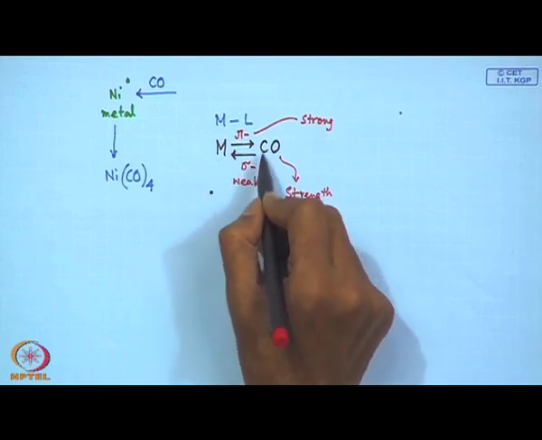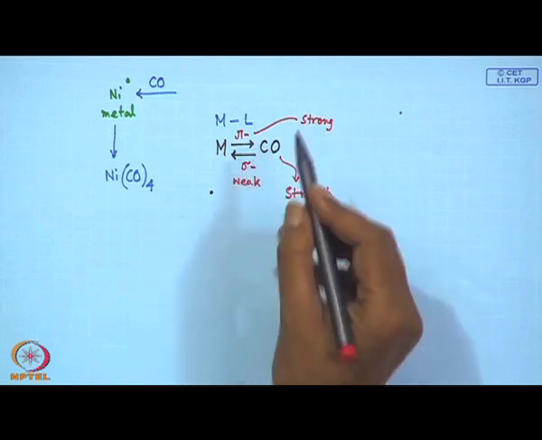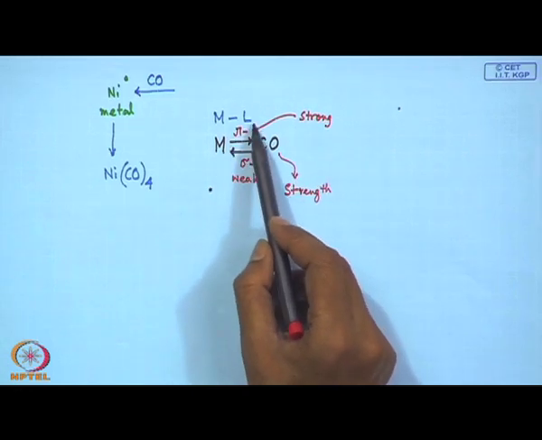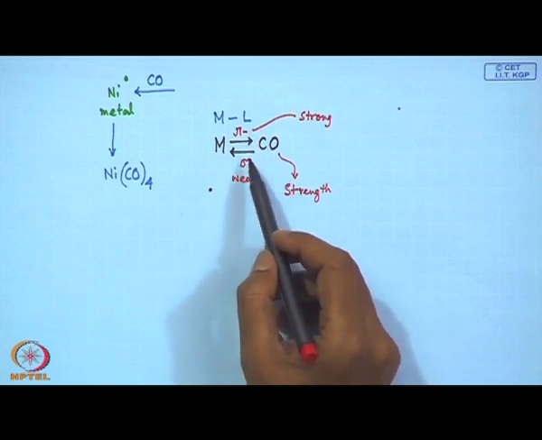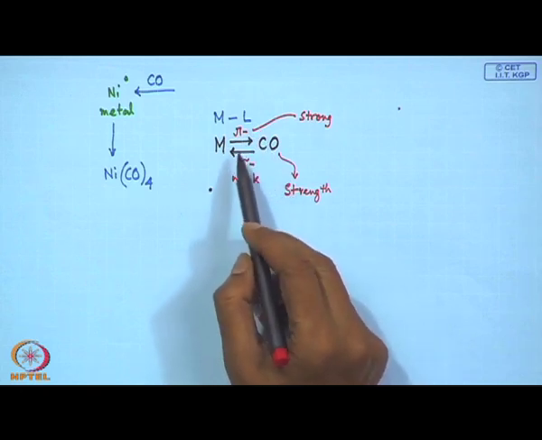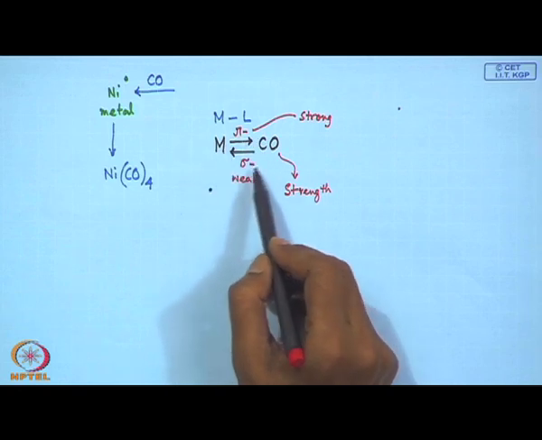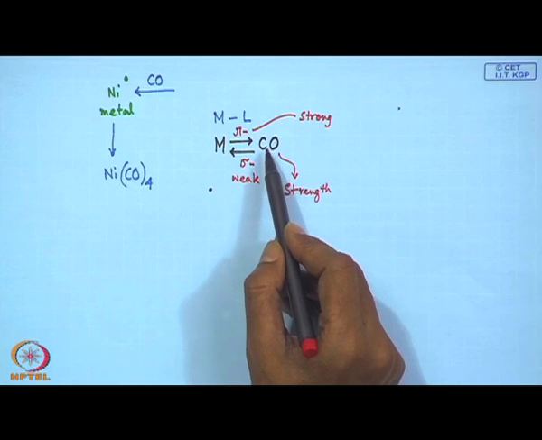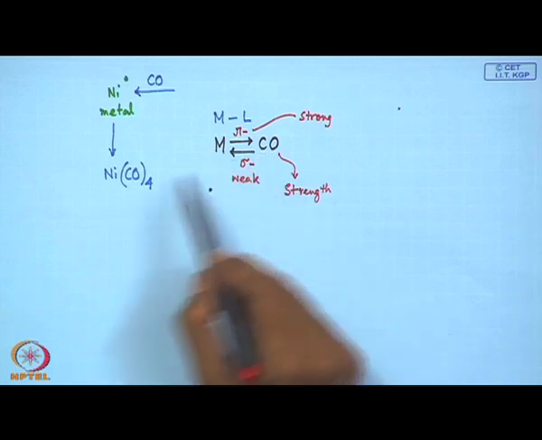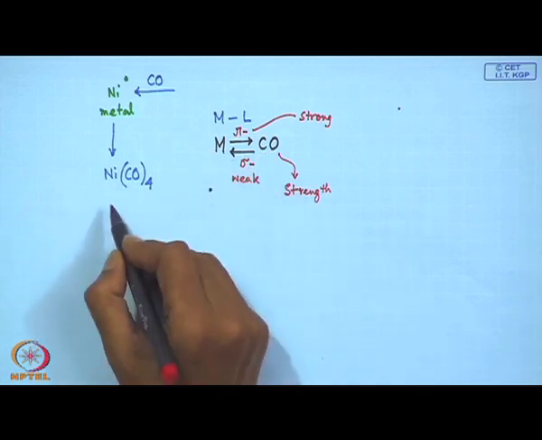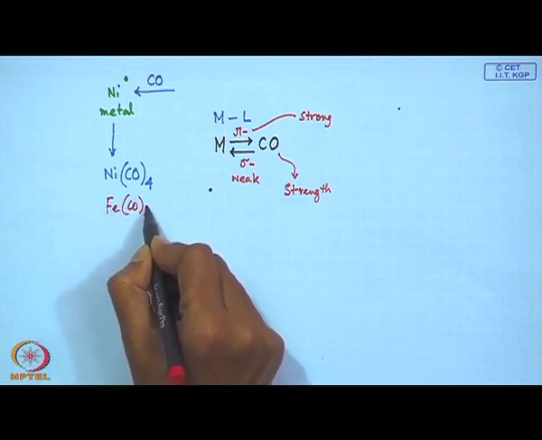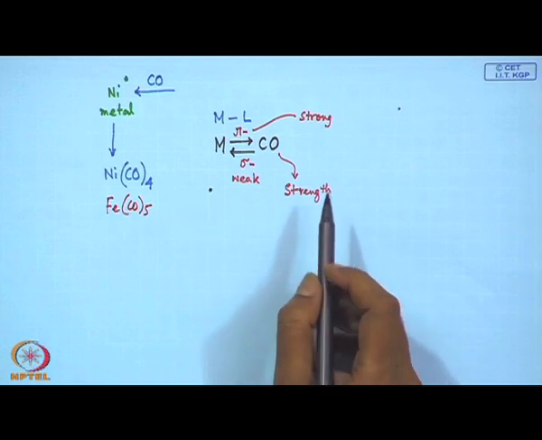We consider this a synergistic effect, and the ultimate result of this interaction is that we can have more than one bond order between the metal and the carbon of, say, nickel tetracarbonyl or other complexes, because a large number of carbonyl complexes are known.